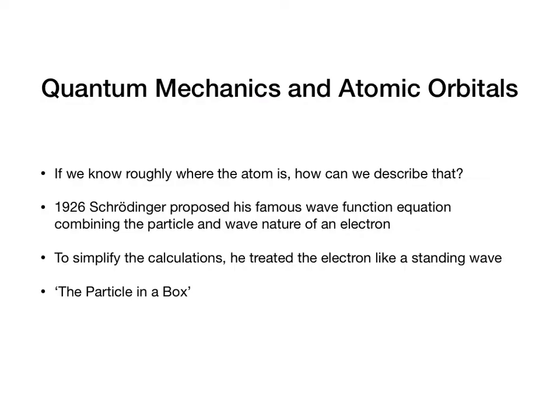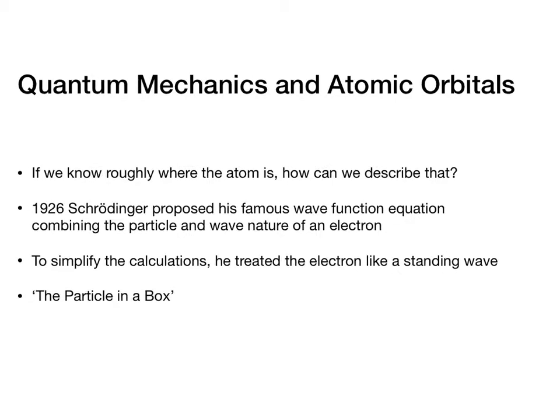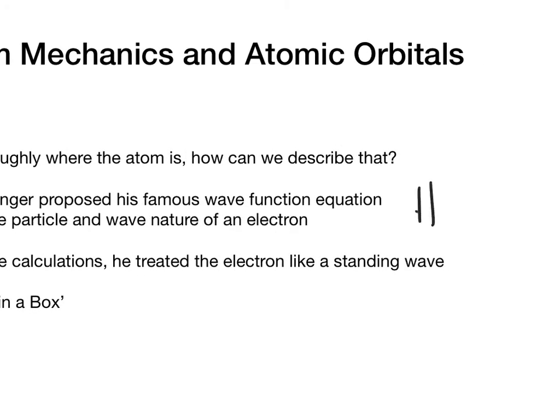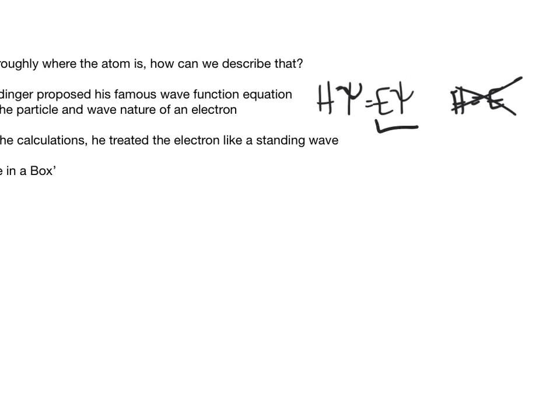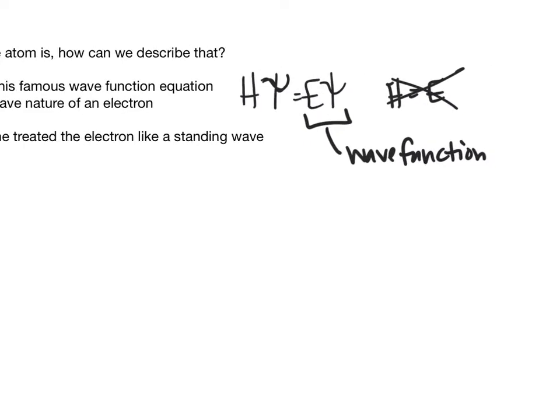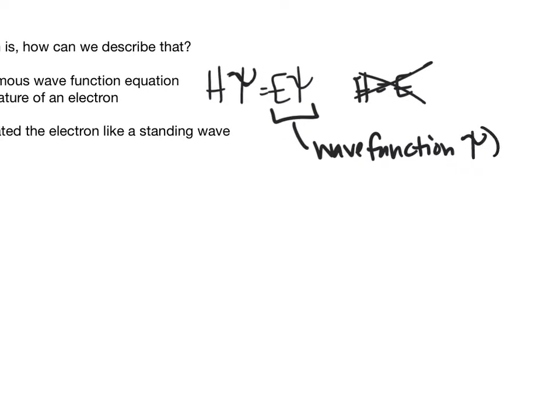So in 1926, Schrödinger proposes his famous wave equation. This equation is written H psi equals E psi. It does look like you could just cancel out the psi functions and basically have H equals E. That is not true, and it turns out that these are something called a wave function, where the wave function part is this psi part, the pitchforky looking thing.